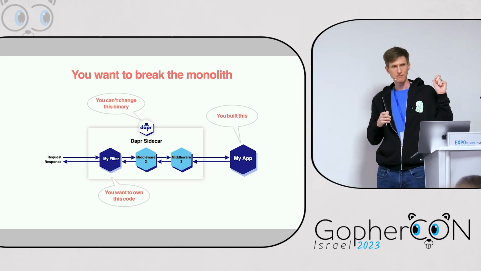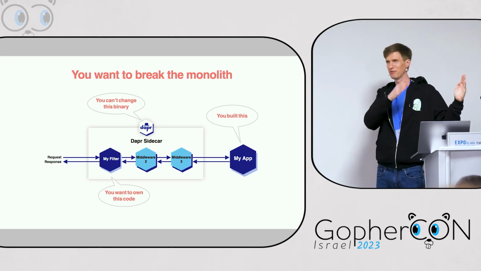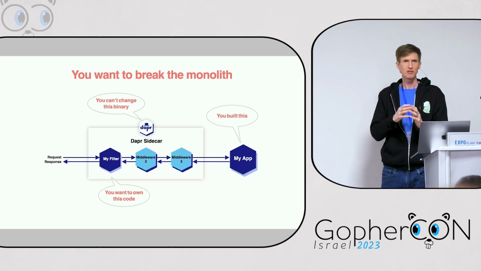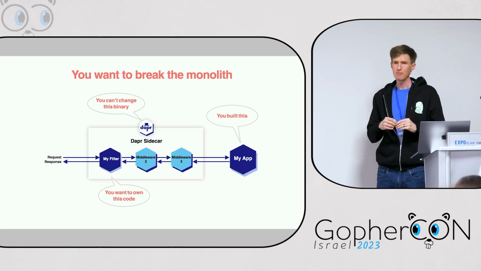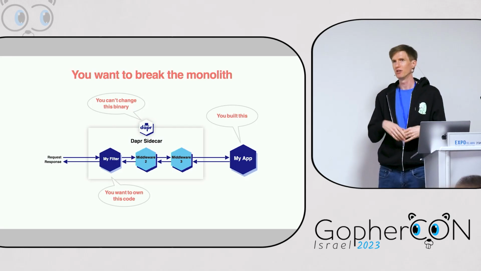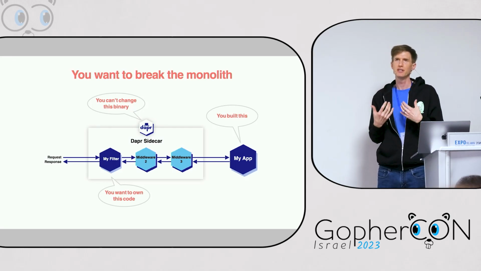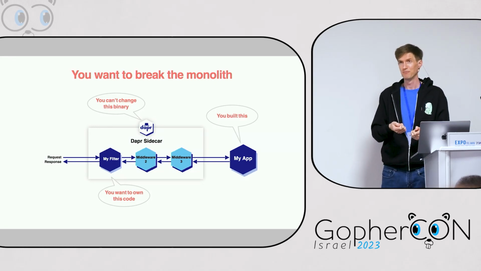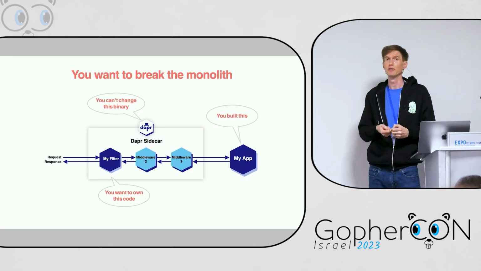And maybe there's a filter we need just a little bit in front of all the rest of them. And that used to be something in our app. But now we can't touch it because it's too far out. And maybe the thing is customizable, but only with Lua or only with something else, and it doesn't quite fit our needs. And you can't convince the infrastructure itself to change just for you.